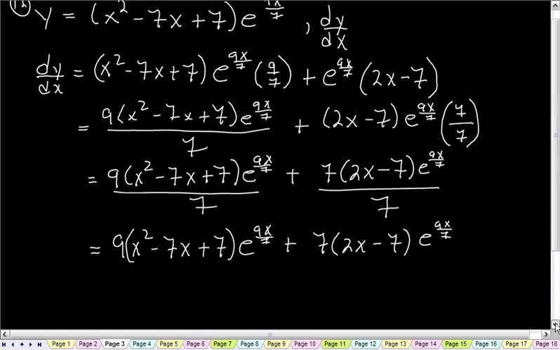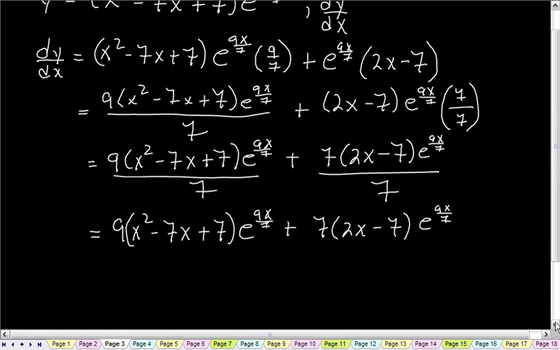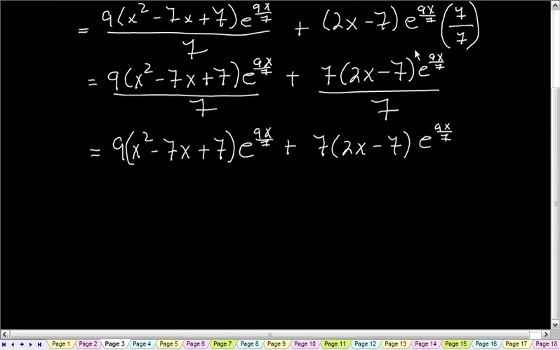Now even a trickier trick. The actual answer is up here. That's the final answer. You can use that as the final answer, but there are different ways to simplify this. Notice that this is all over 7. Don't forget that. This right here and this right here I can add because they have a common coefficient, e to the 9x over 7.